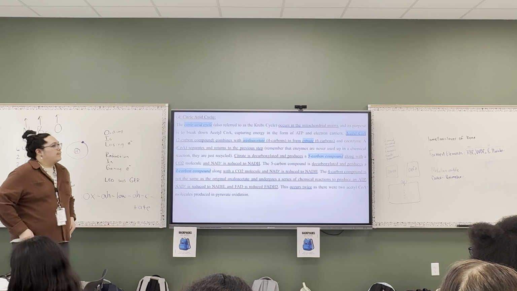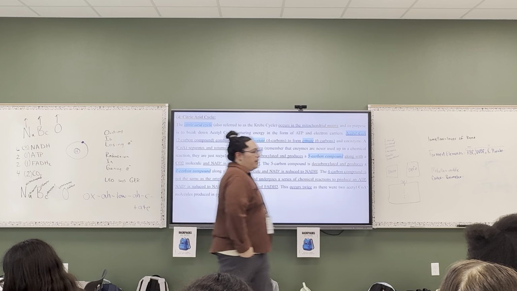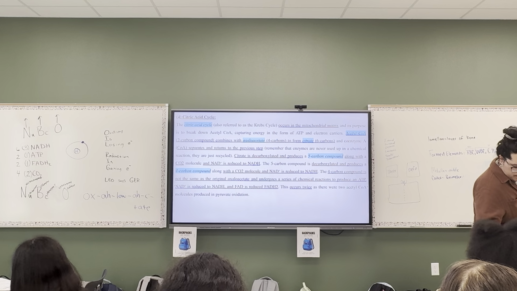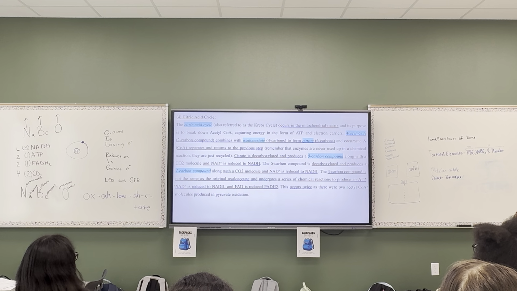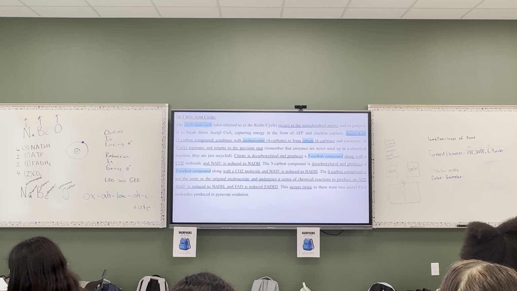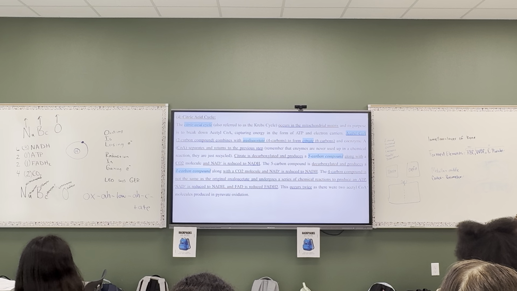Go ahead and read the next part for me, please. Soraya. Citrate is decarboxylated and produces a 5-carbon compound along with a CO2 molecule, and NAD plus is reduced to NADH.